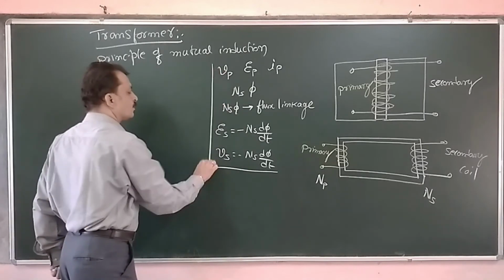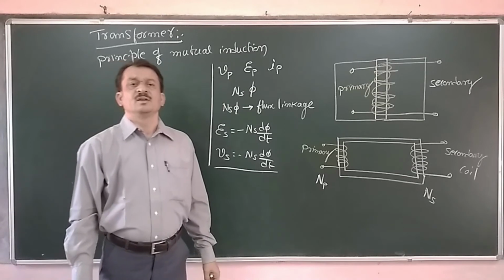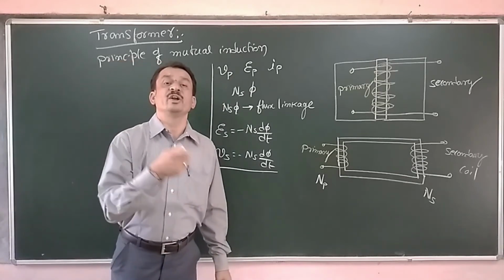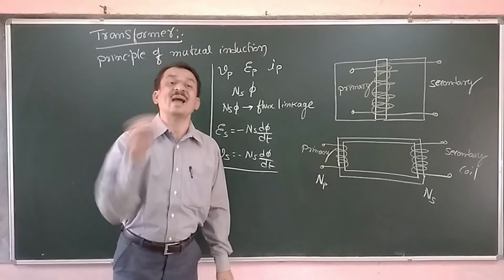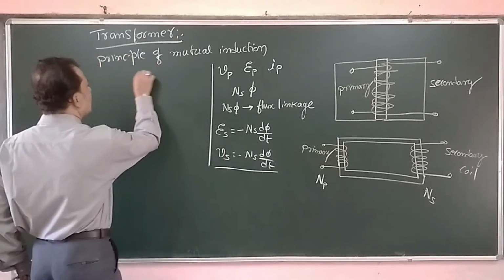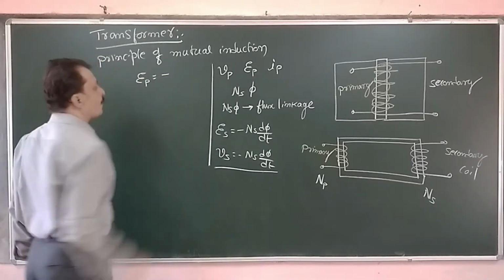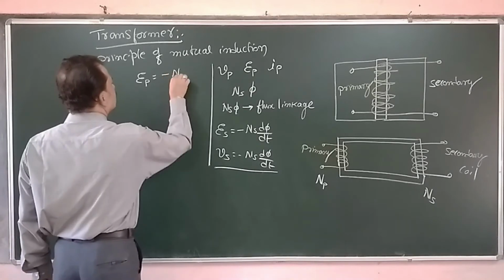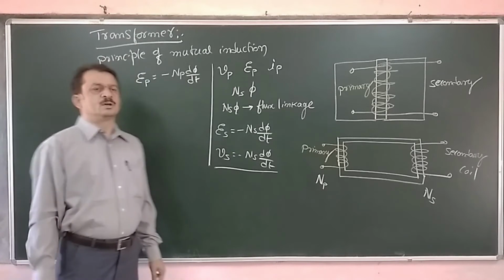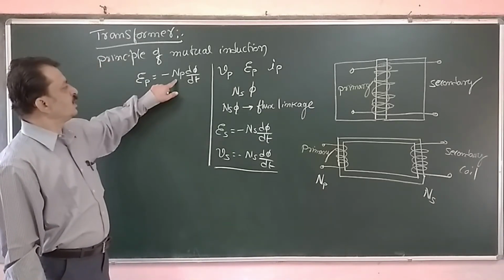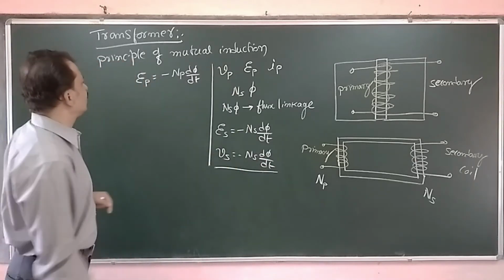This is one step. Since the current is flowing through the primary coil, there is a self-induced EMF in the primary coil, which we call back EMF. Therefore, the back EMF induced in the primary coil is given by minus NP into d phi by dt, that is the rate of change of flux linkage of the primary coil itself.